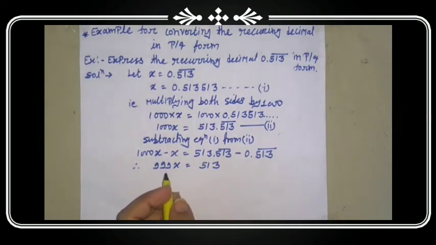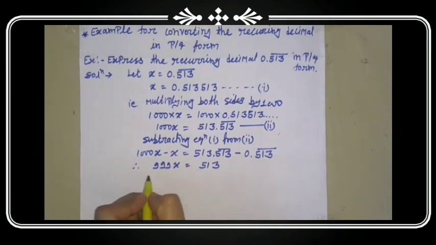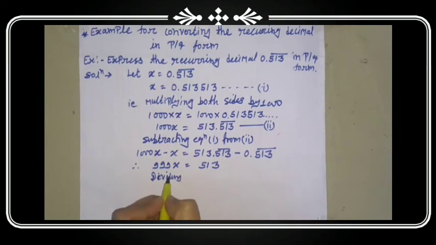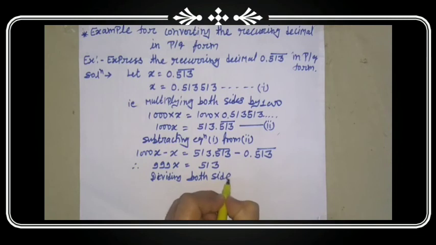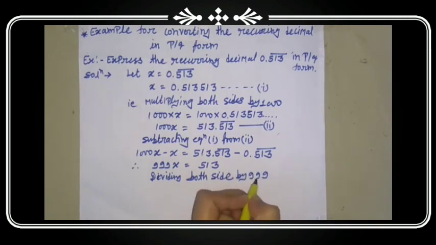Step 5: divide both sides of the equation obtained in step 4 by the coefficient of x. Here, the coefficient of x is 999. That is, dividing both sides by 999.